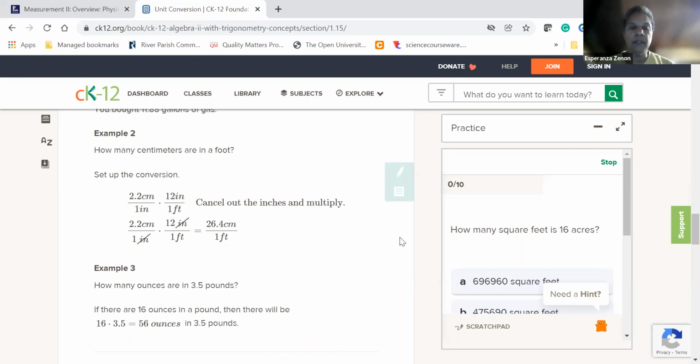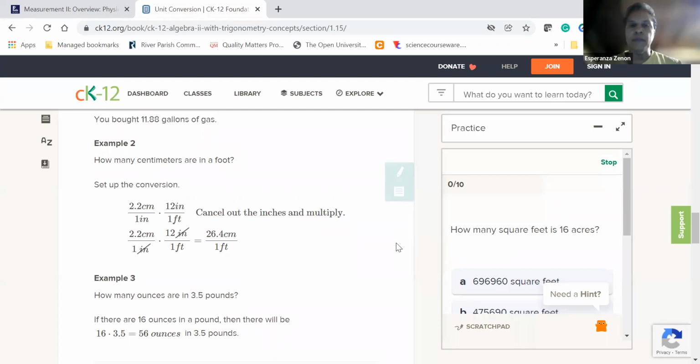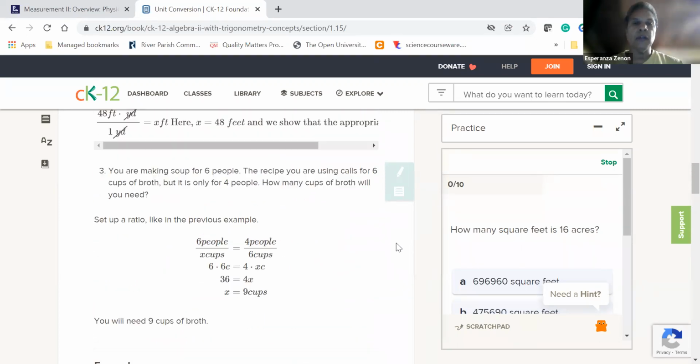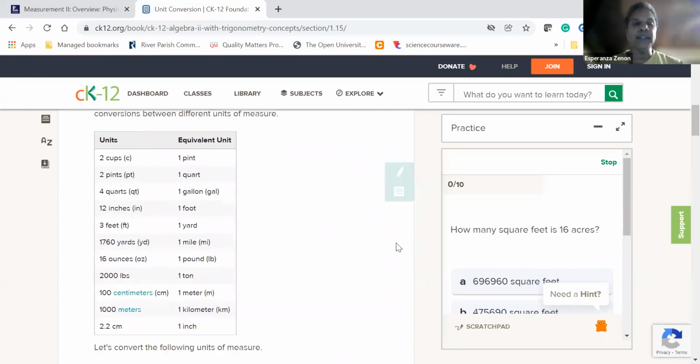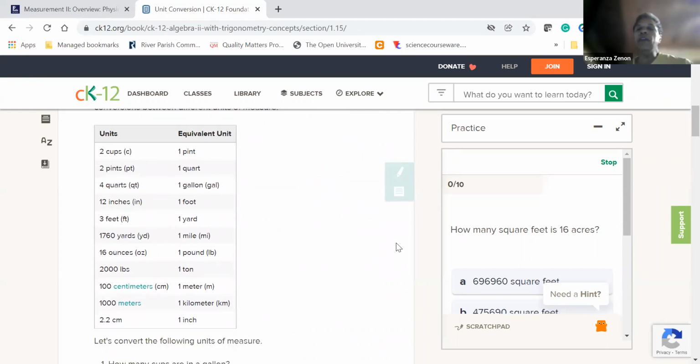All right, so again, to recap, when you are doing unit conversions, all you are doing is expressing the equivalent measurement in another unit. In order to do the conversion, you need a conversion factor.